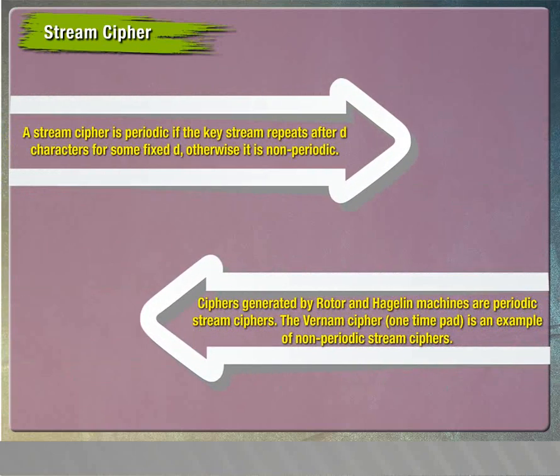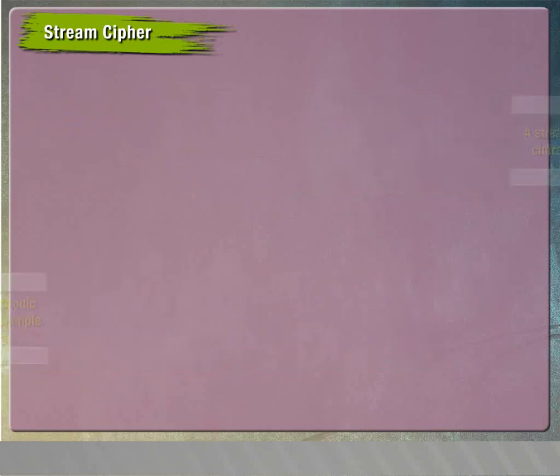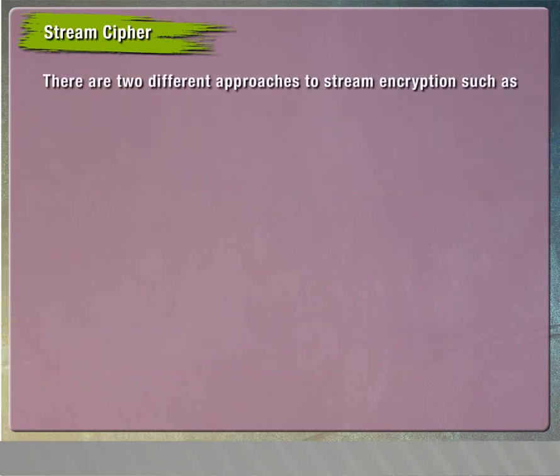A stream cipher is periodic if the key stream repeats after d characters for some fixed d, otherwise it is non-periodic. Ciphers generated by Rotor and Hagelin machines are periodic stream ciphers. The Vernam cipher, that is one-time pad, is an example of non-periodic stream ciphers. There are two different approaches to stream encryption: the synchronous method and the asynchronous method.